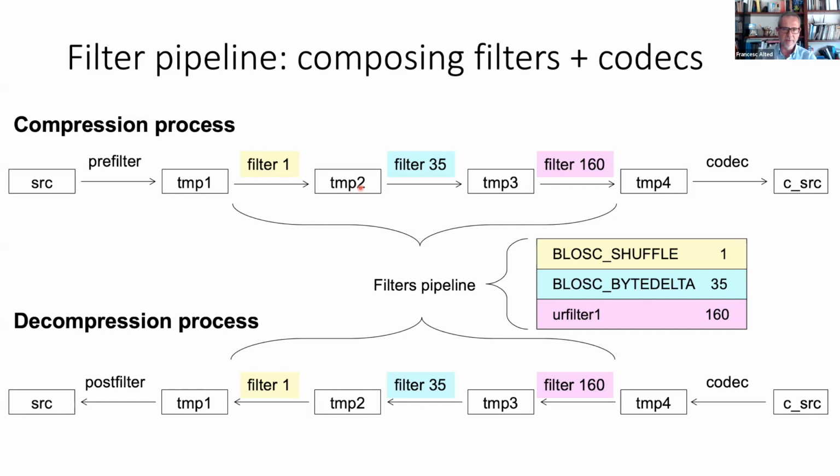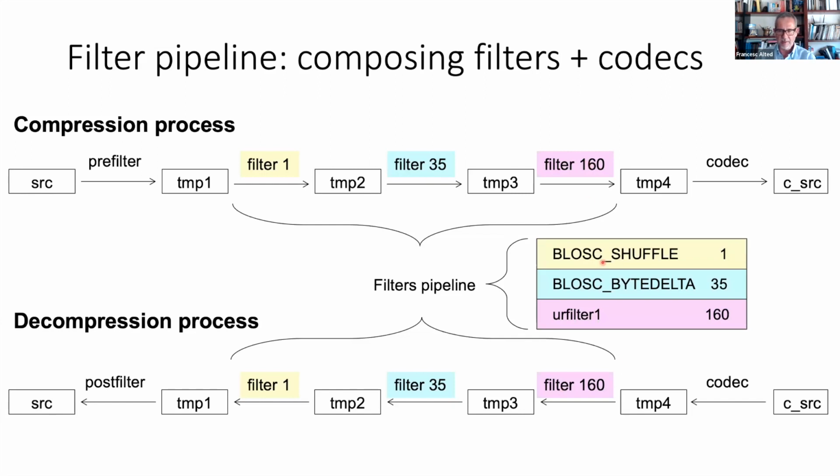So the Blosc2 filter pipeline allows different filters. In this case, filter 1 is shuffle, and then by delta is applied after shuffle, right? So although they are different filters, by delta is meant to be used always after shuffle. Optionally, you can also use another filter that you want to use, right?